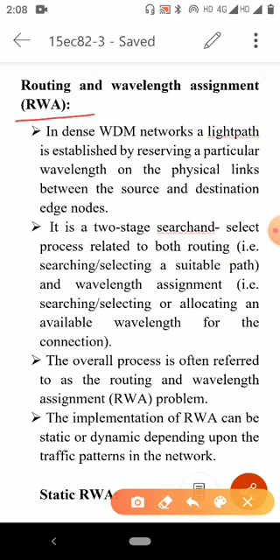It is thus important to provide routes to the light path requests and to assign wavelengths on each of the links along this route among the possible choices so as to optimize a certain performance metric. This is known as the routing and wavelength assignment problem, that is, the RWA problem.